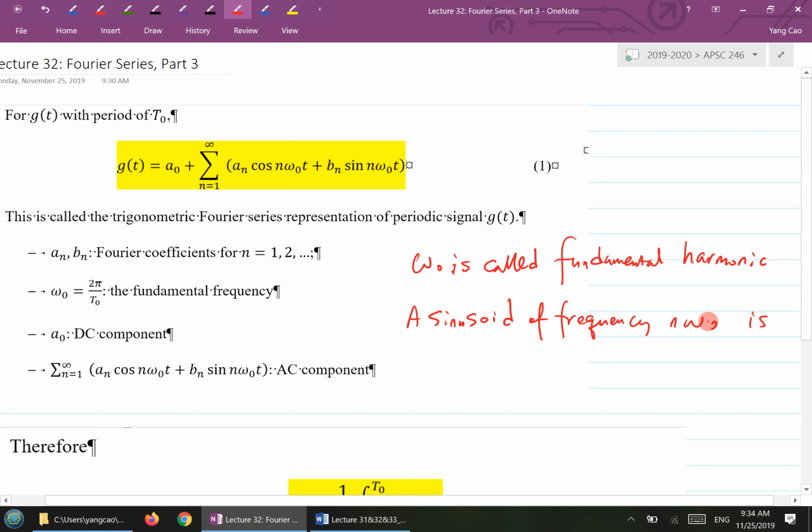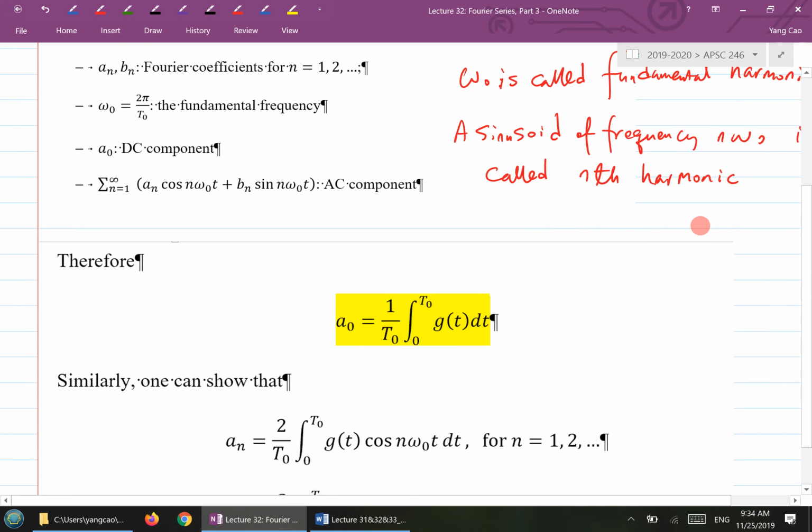These terms are called the nth harmonic. If you play music, you probably hear that quite a lot. Those are basically harmonic signals.